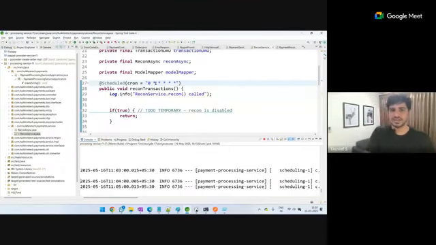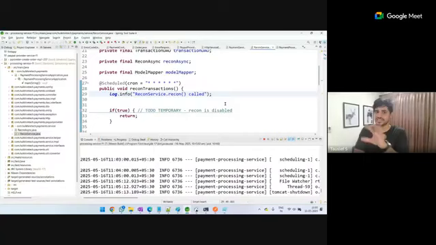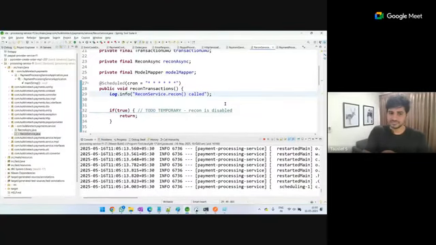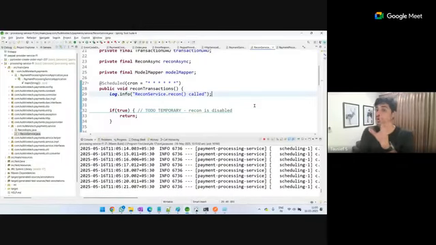Look, if you put star, it means every second: 14, 15, 16, 17, it's running every second. If you want to define an interval now, don't run every second, run every 5 seconds.